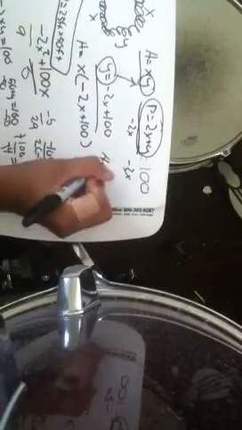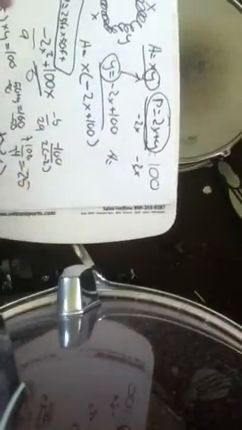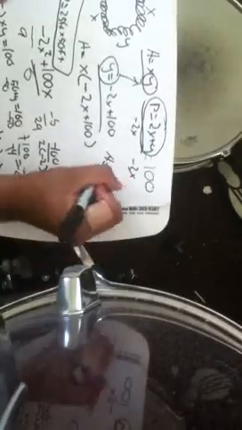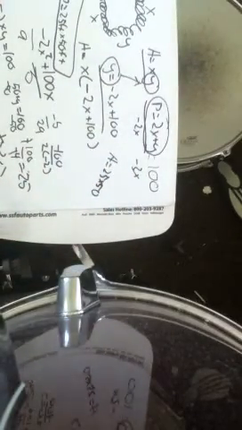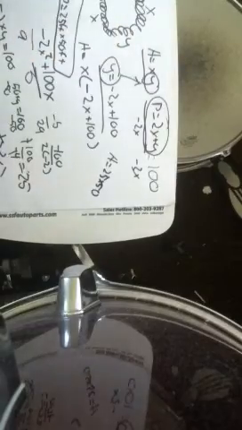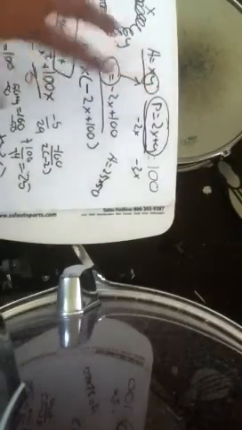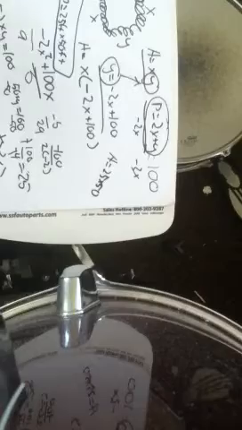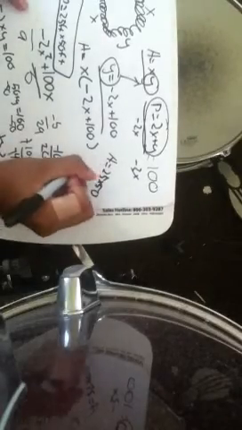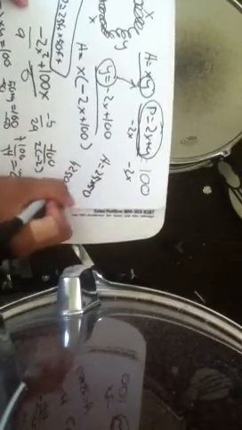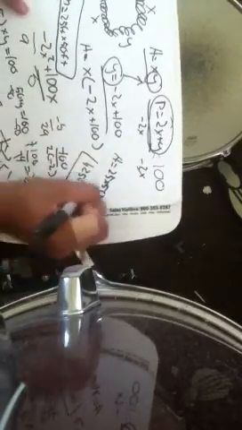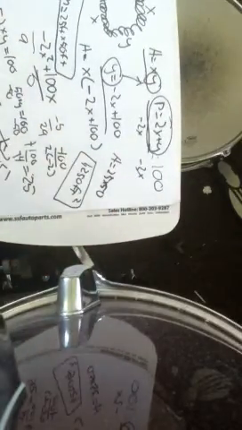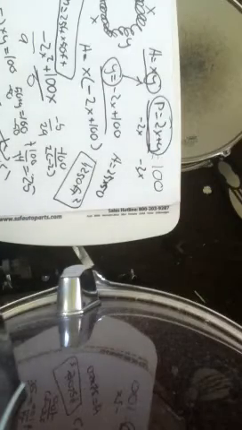So A equals, hope you're following me, A equals 25 times 50. Okay, because we plugged in this x, and this y equation to get this. Be very clear. And that is going to equal 1,250 feet squared. So that is our total maximum area.